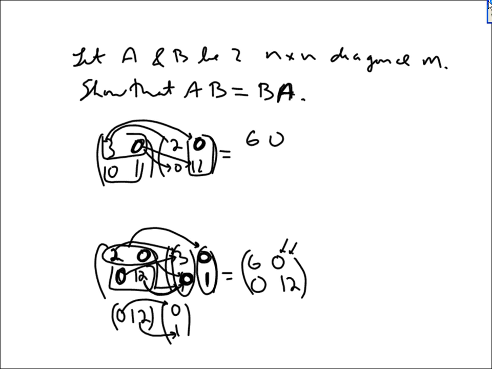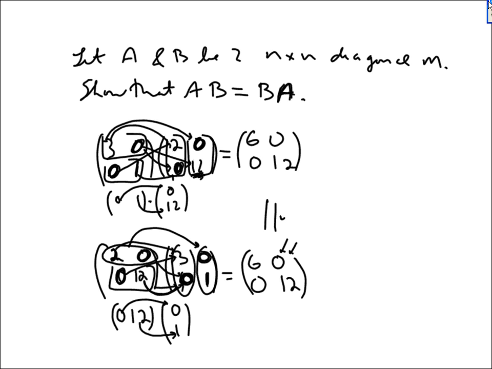Now, the second row with the first column: there must be a 0 here, so when you multiply it by that number, you get 0. And there must be a 0 here, because it's off the diagonal. When you multiply the 1 by that, you're going to get 0. And I'm going to put here the second row with the second column. You'll always be multiplying the number in this position with the number in that position. And if you look, they really are equal to one another.